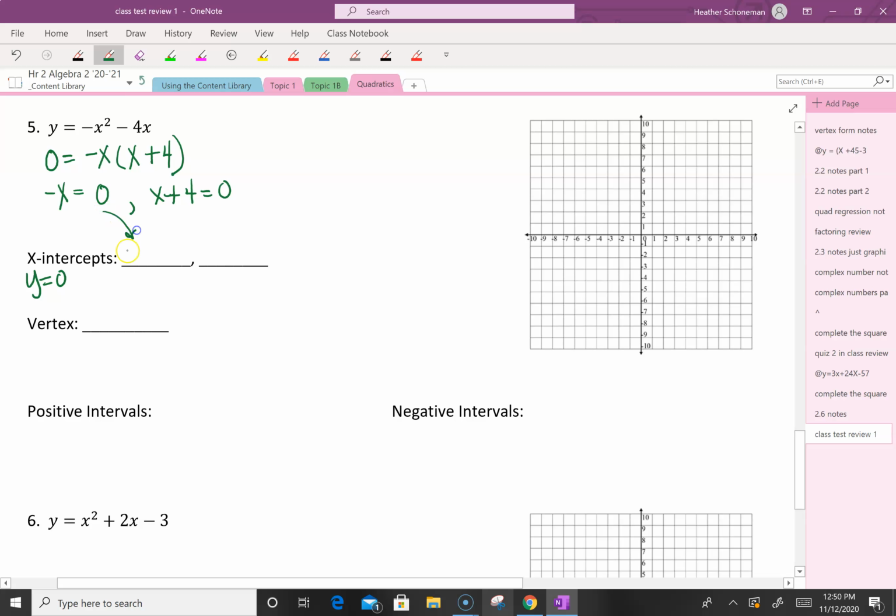Well, x can't be negative, so that gives me 0, 0 for this x-intercept. When I solve here, I get negative 4, so this one gives me negative 4, 0. So graph those two. The vertex is going to be halfway in between, so at negative 2. Now we're going to plug in negative 2 to figure out what our y would be.